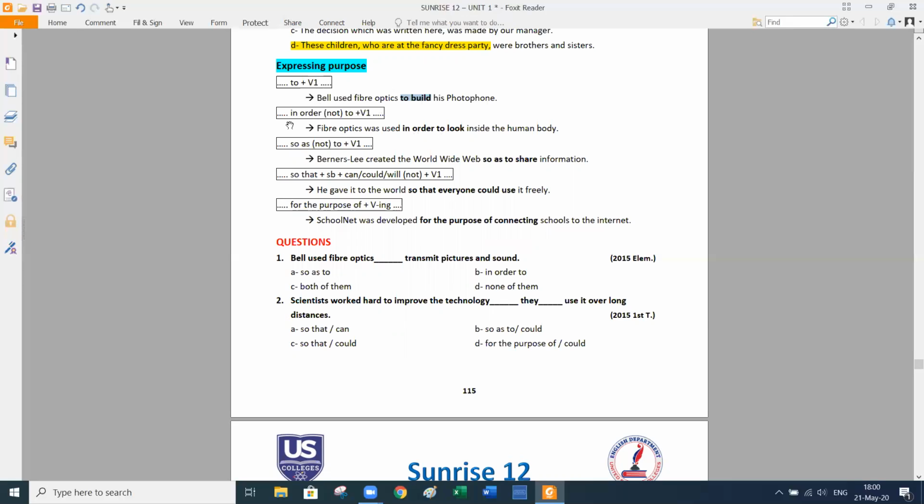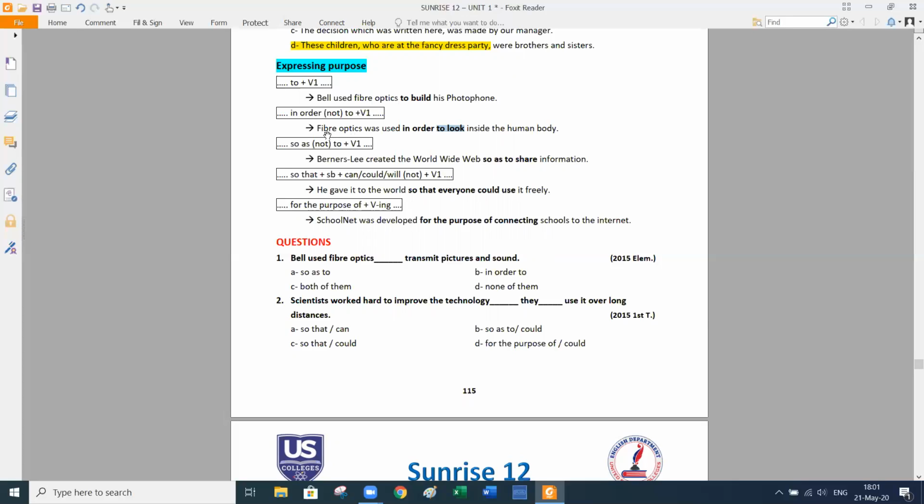And the second structure, in order to, verb 1. Again, we use infinitive with to, verb 1. But in this structure, we also say in order. So it has exactly the same meaning as the first structure. In the first sentence, you can say, for example, Bell used fiber optics in order to build his photophone.